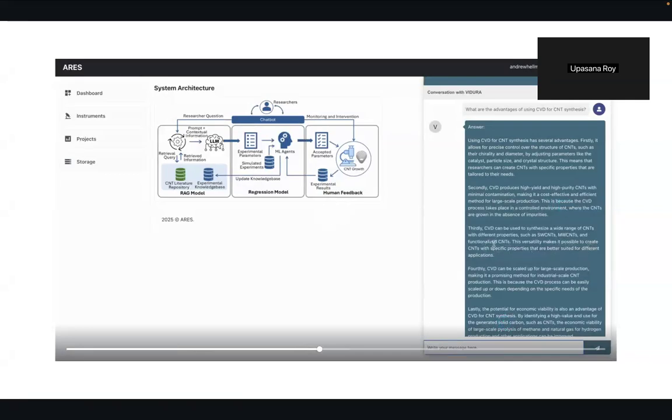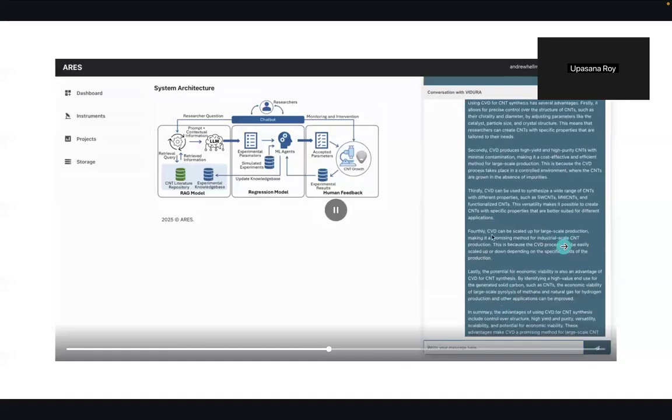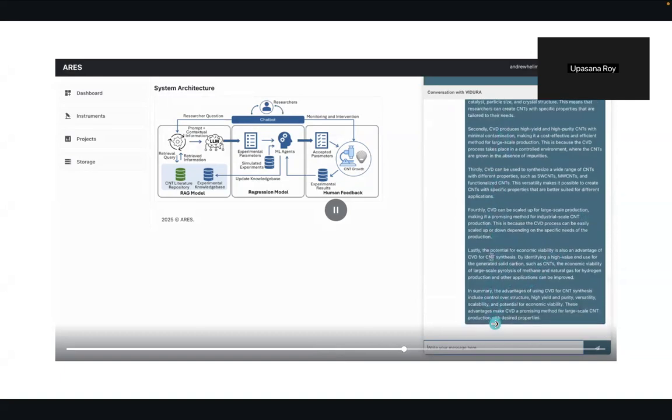And lastly, we can see the potential for economic viability is also an advantage of CVD for the CNT synthesis. The answer is well structured, guiding the expert to the point and not letting that person divert a lot. And finally, all these five points have been summarized for the user so that he or she can understand it simply and get a hang of the points learned.